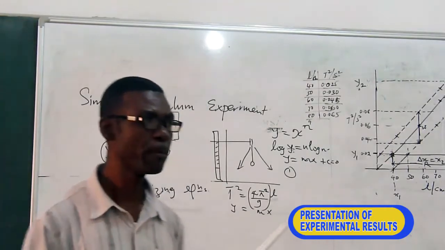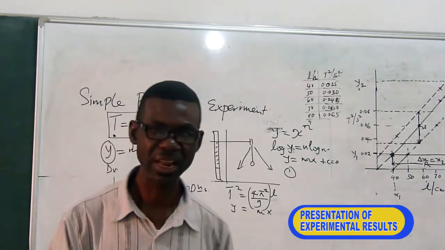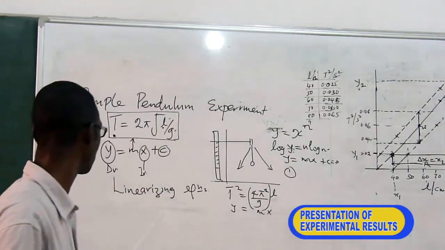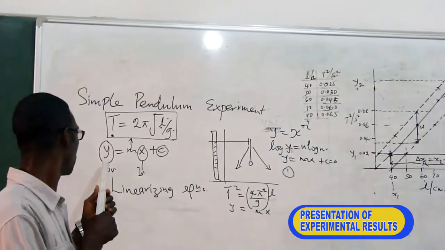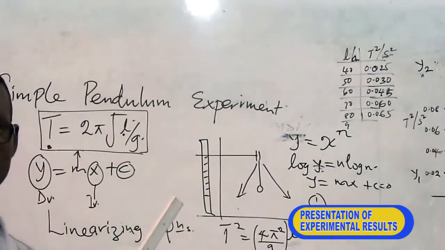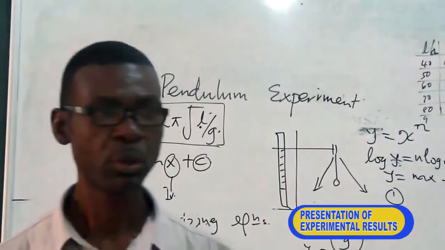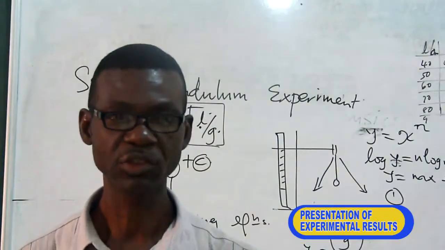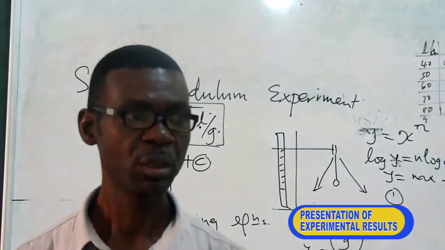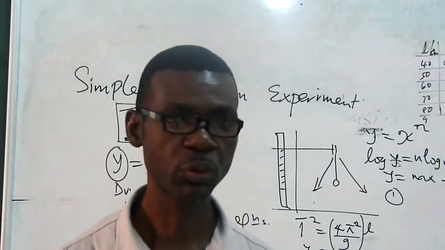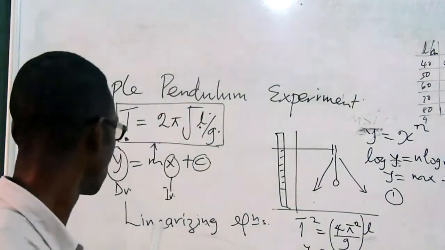That is, you make the equation become a straight line equation that can be plotted as a straight line, like y equals mx plus c. Most of the time, we may have to linearize equations to match up to a straight line graph.